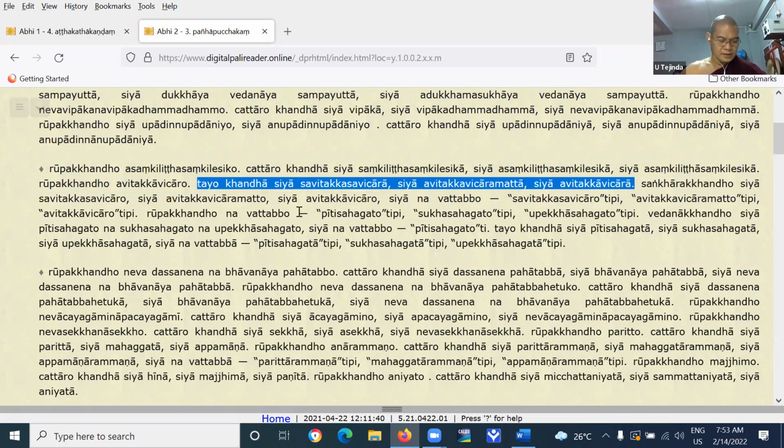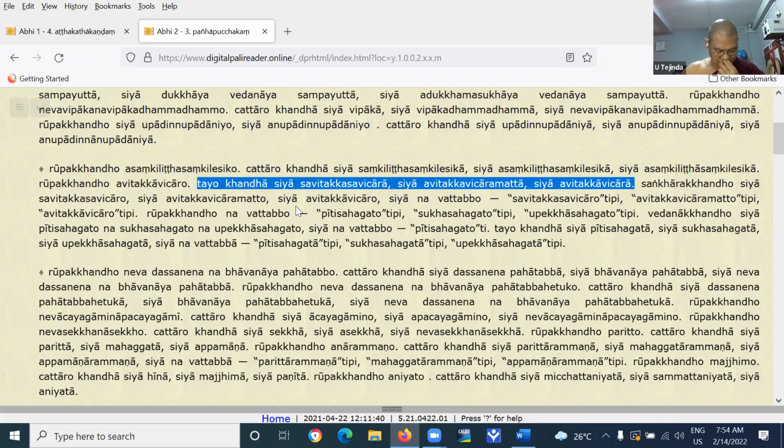Savitakka savicara with vitakka and vicara; avitakka vicaramatta, without vitakka but just with vicara. So Tayo Khanda, what are the three khanda here?